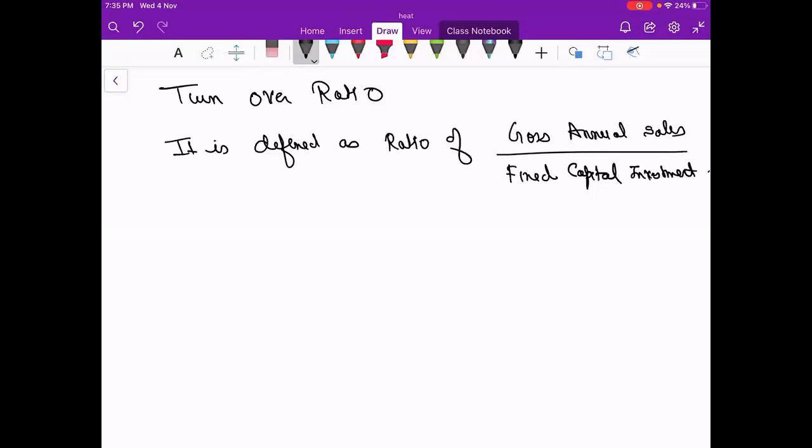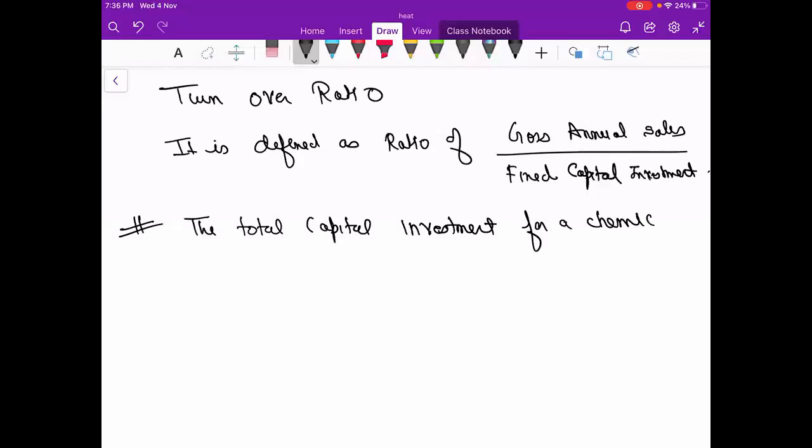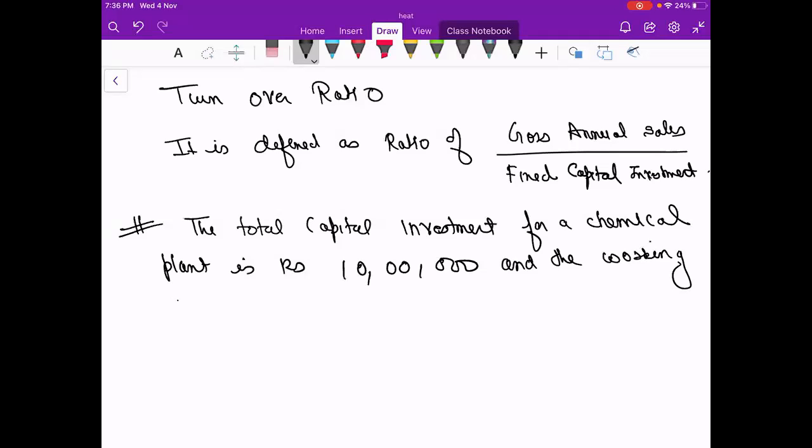So from this point also they have asked one question. The question is: the total capital investment for a chemical plant is rupees 10 lakh and the working capital is rupees 1 lakh.